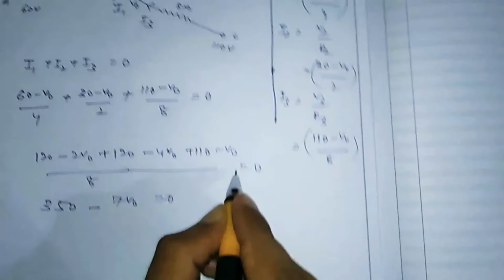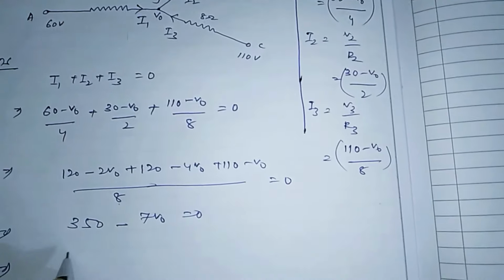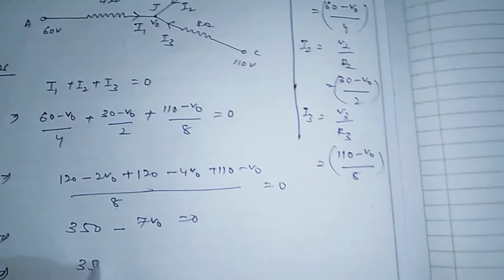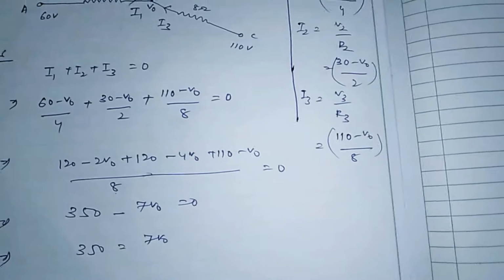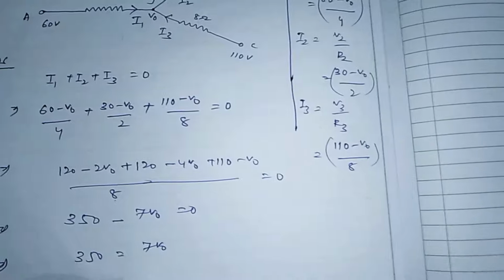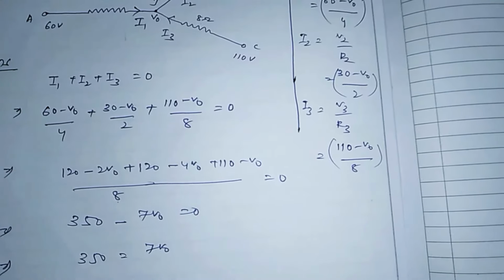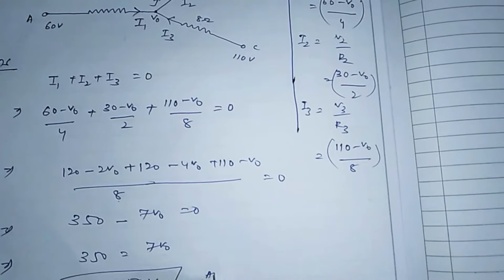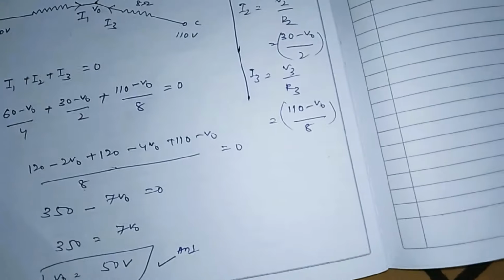So 350 is equal to 7 V0, or V0 is 50 volt. This is the first answer: the potential of junction J is V0 equal to 50 volt.